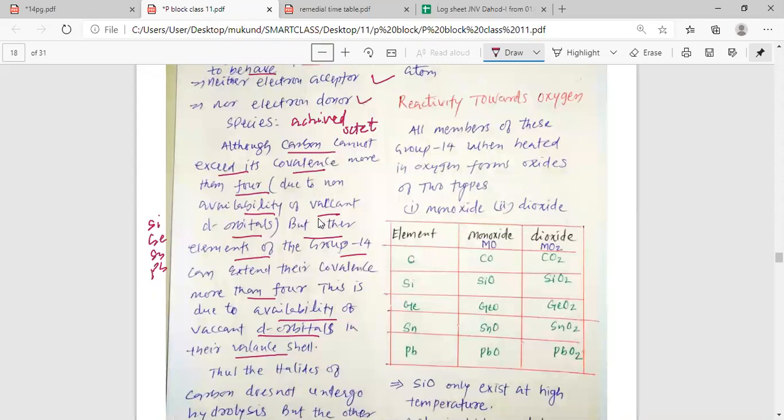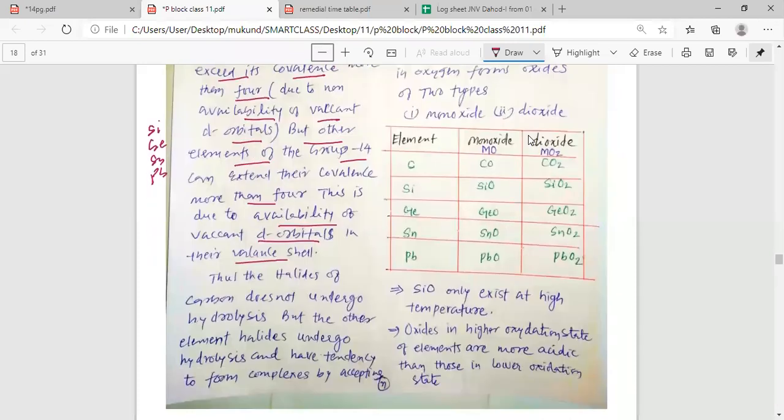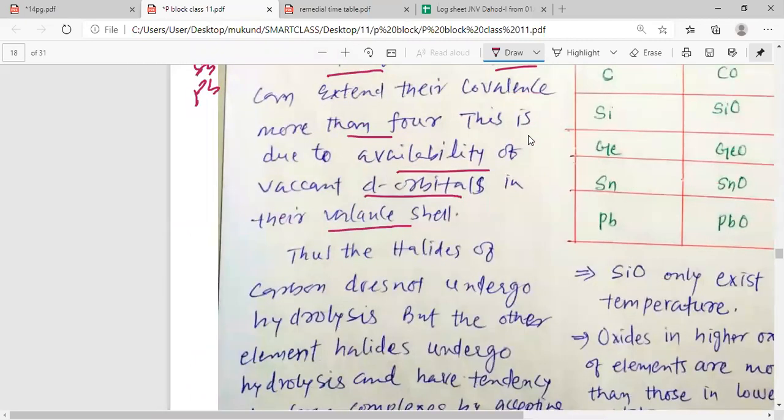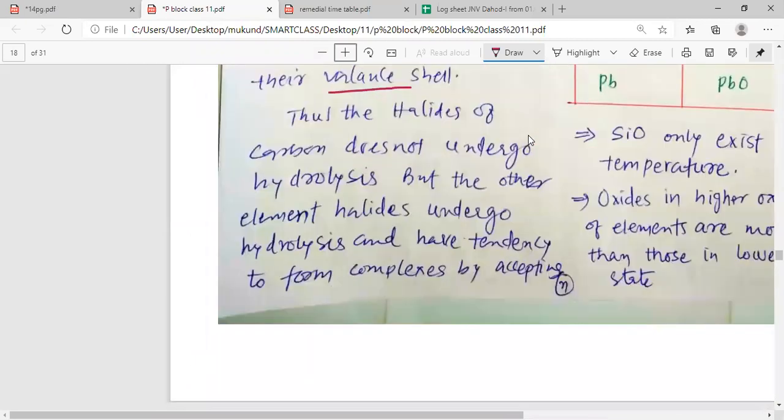Then, my dear students, as carbon does not have vacant d orbitals, carbon cannot extend its covalence more than 4, but the other elements like silicon, germanium, tin and lead can extend their octets and have valency more than 4. This is what I really wanted to convey to you.